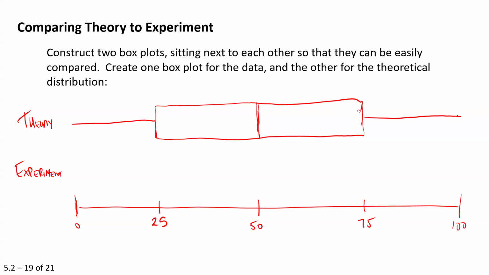Should look like that. For experiment, mark these things where yours were. Be slightly different. So your answers are all going to be different for that second box plot there. But see how things line up or don't line up.